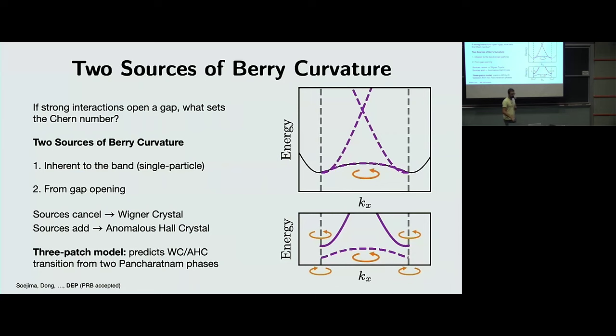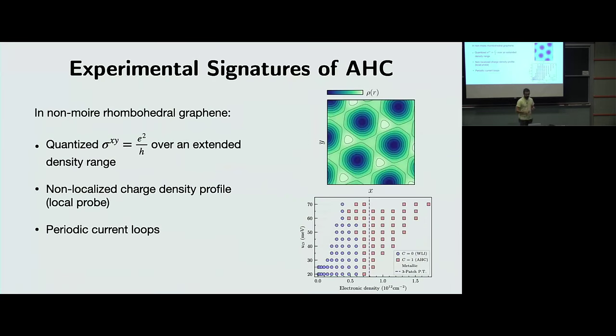And what we find is that there's a relatively nice progression here. At very low densities, they tend to cancel and give a Wigner crystal. At higher densities, they tend to add and give the anomalous Hall crystal. And beyond that, you usually find a metal. So that's what I'm showing in this phase diagram down here. It's a function of electronic density versus displacement field.